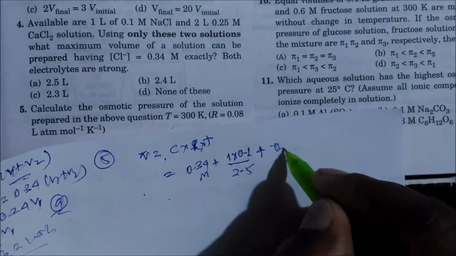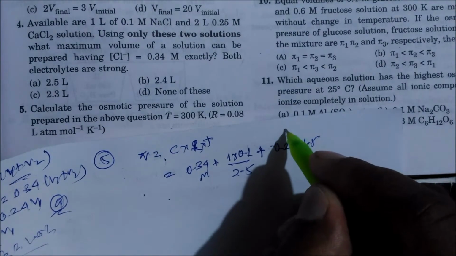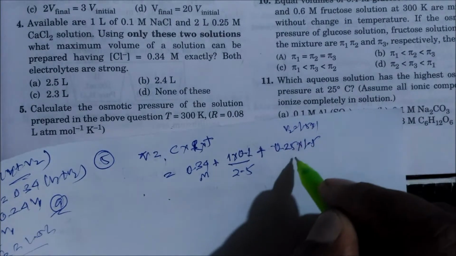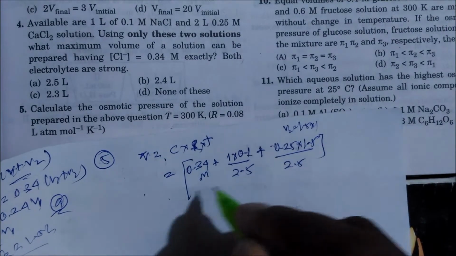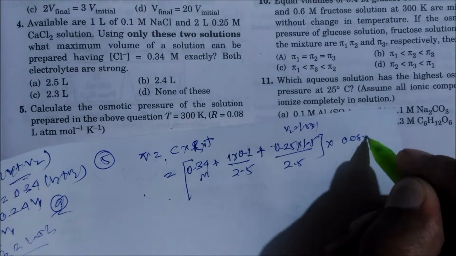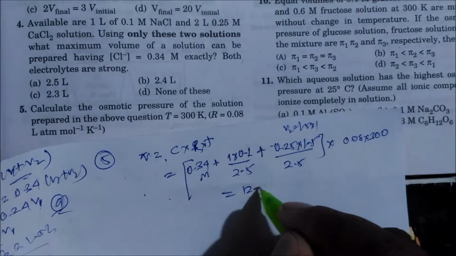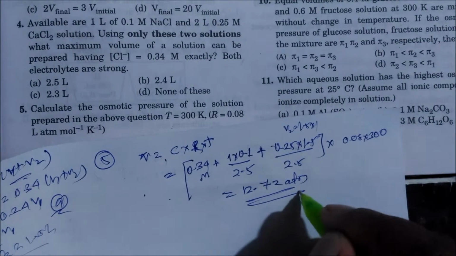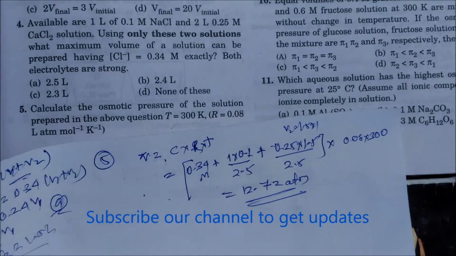So 0.25 into 1.5 liter, because in this case V2 is 1.5 of 1 liter. This is the moles, and total volume is 2.5 liter. This is the whole concentration, and multiplied by R is given 0.08 and multiplied by 300. So on solving, you will get 12.72 atmosphere. So this is our correct answer for this question number 5.